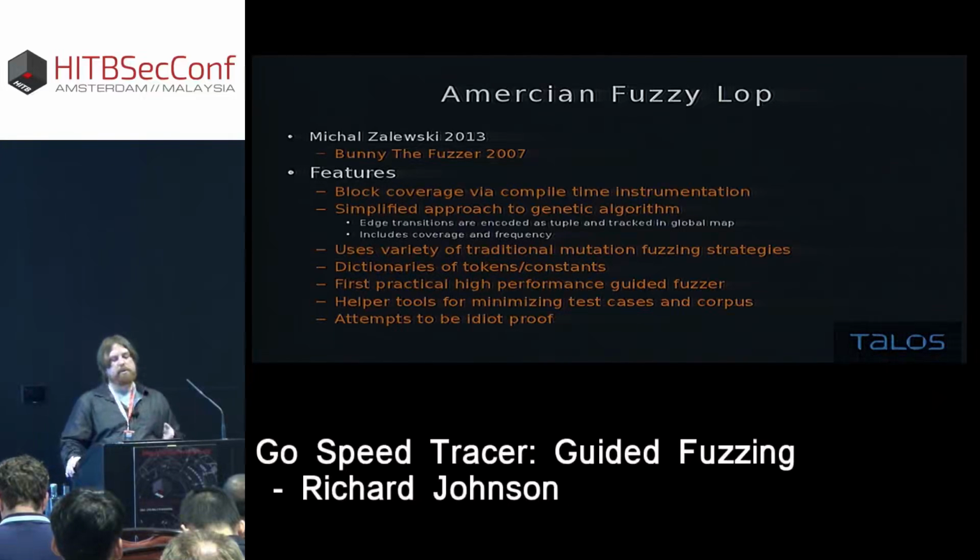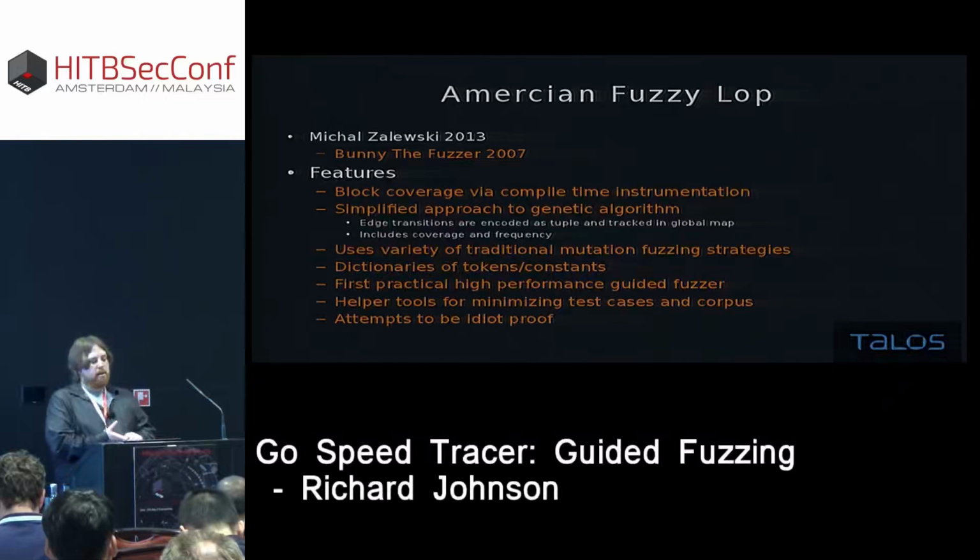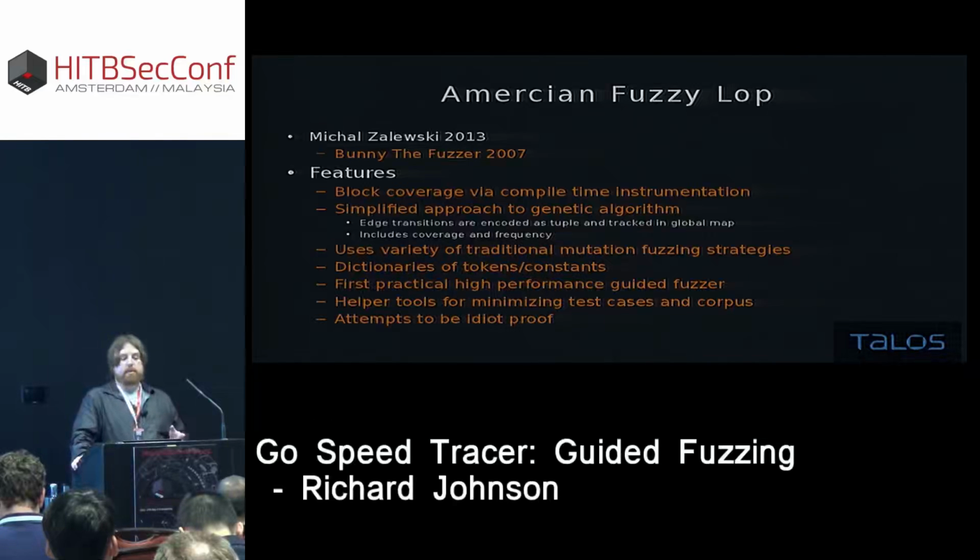Using the memory map between the child process that's being fuzzed and the observer process is, of course, a pretty fast mechanism. It's actually engineered to be idiot-proof and to be very fast and to work out of the box. And it took the compiler approach, which is much more performant in general, so you don't have to use a translation engine. And at the end of the day, it's actually found a lot of good bugs.